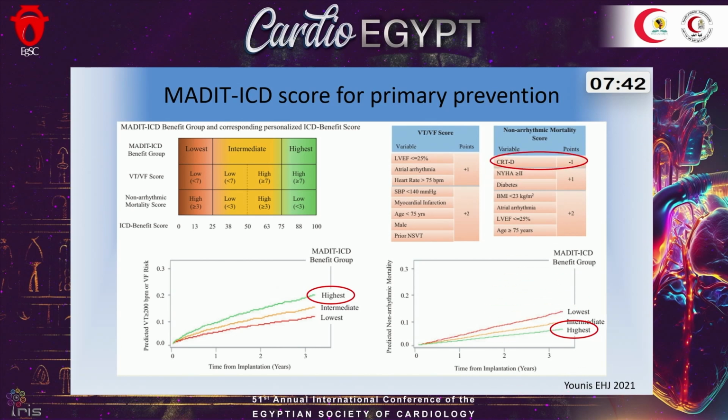There is one minus point that you can see here, which is the CRTD. That means, of course, if you implant a CRTD and the patient responds, then the non-arrhythmic mortality will hopefully be lower.